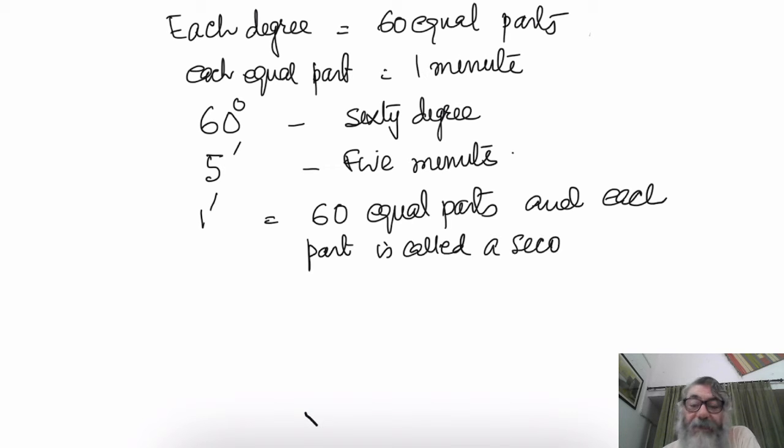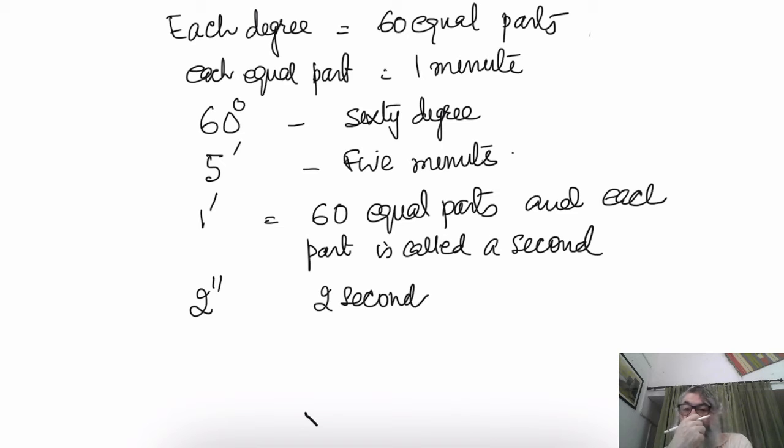And how do we write a second? Like this, this is 2 seconds. So degree, minutes, and seconds.